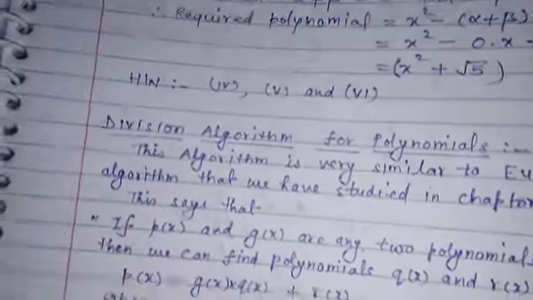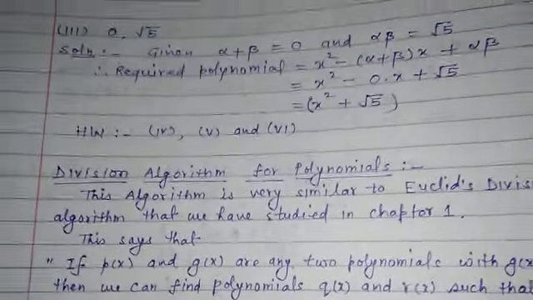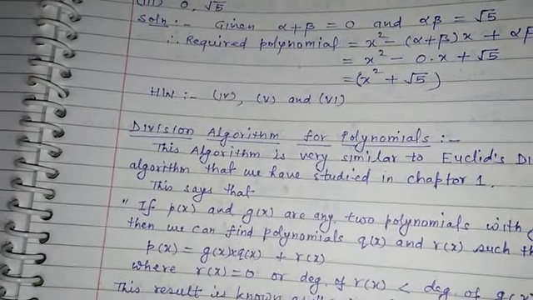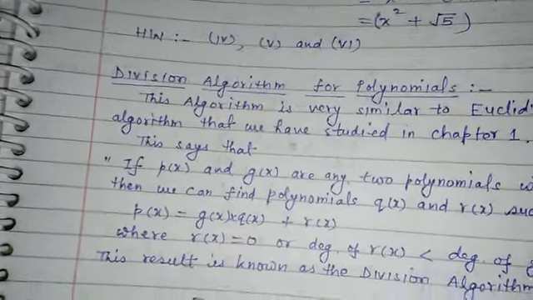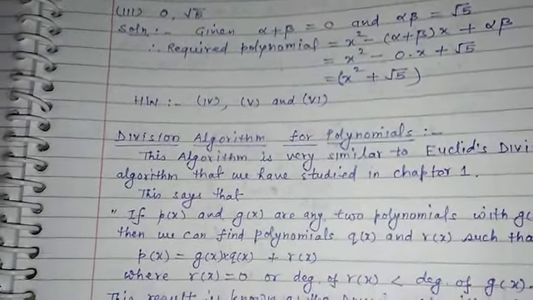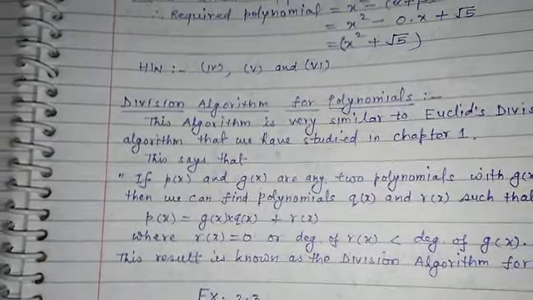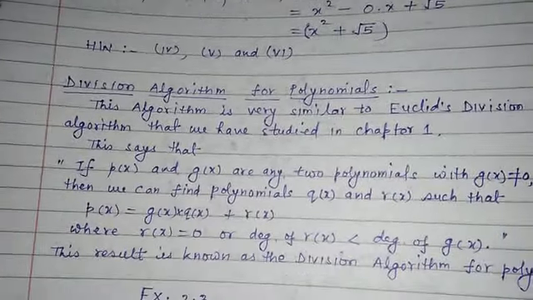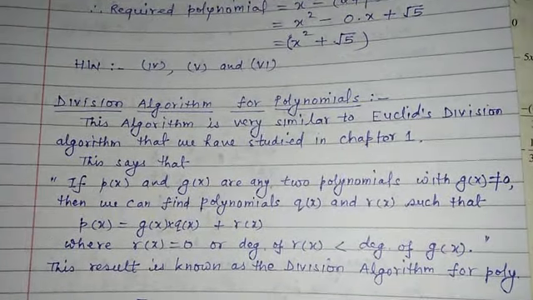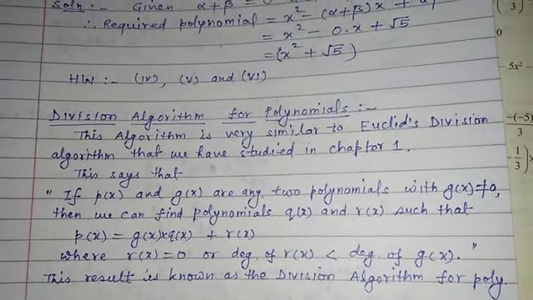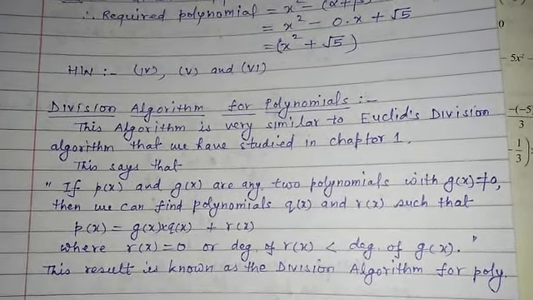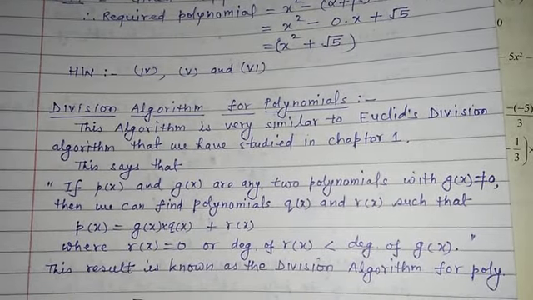This algorithm is very similar to Euclid's division algorithm that we studied in chapter 1, and it says that if p(x) and g(x) are any two polynomials with g(x) not equal to 0, then we can find polynomials q(x) and r(x) such that p(x) equals g(x) into q(x) plus r(x).